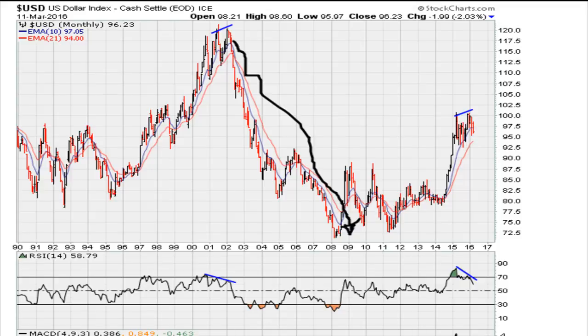Now the one thing I do need to qualify here is this negative divergence eventually becomes a problem only after we break a major trend line. And let me draw that. After we break this major trend line is when we begin. So there was a break here of that trend line in '02, which began this drop in the dollar.